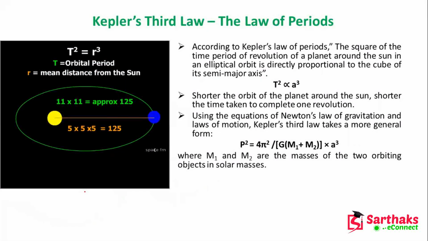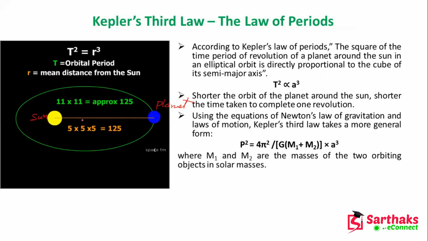Now Kepler's third law, the law of time periods. According to Kepler's third law, the square of the time period of revolution of a planet around the sun in an elliptical orbit is directly proportional to the cube of the semi-major axis. Semi-major axis means the distance between this sun and this planet. So this one is the planet and this one is the sun.